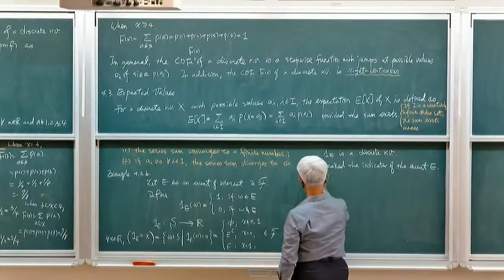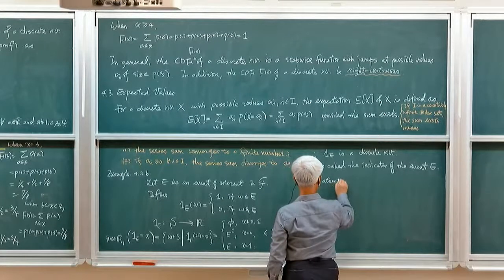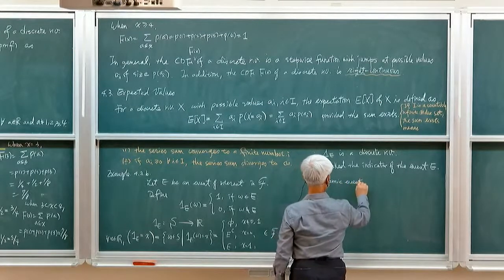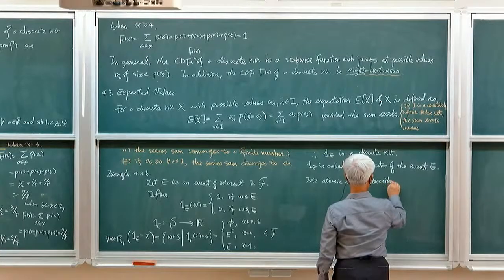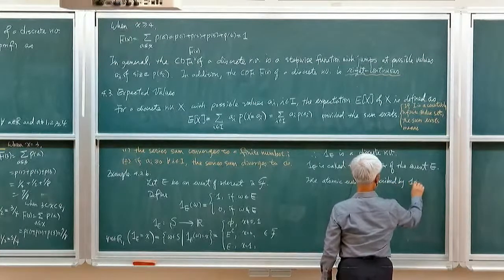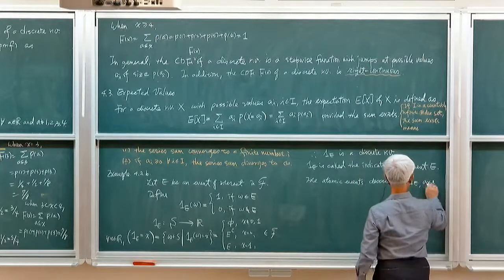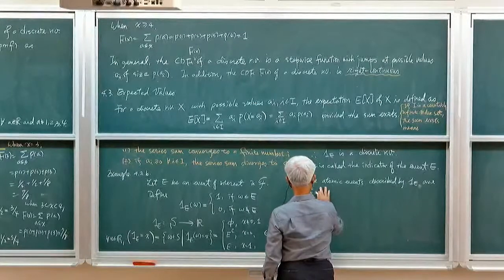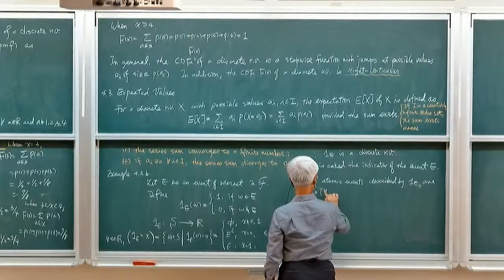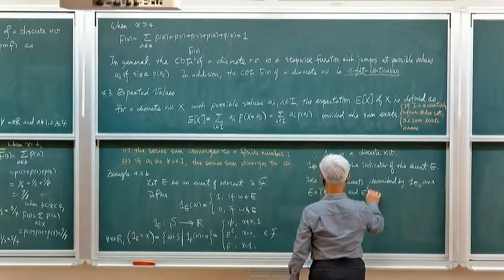All right, now the atomic events described by the indicator of the event E are E and E complement.